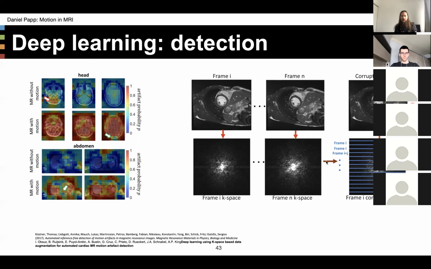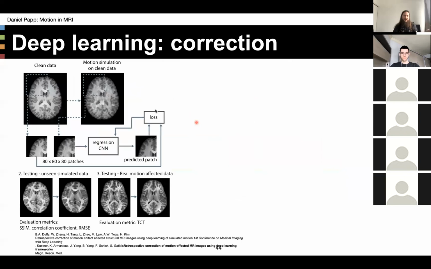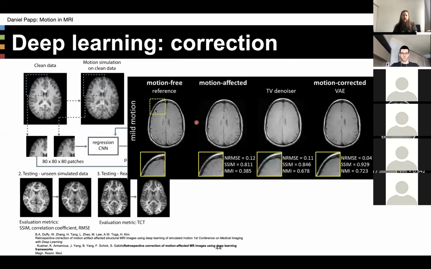And this is showing you how they generated the motion corrupted data. It's a fairly cool idea: you take one frame, one line, and you put it somewhere else. It's going to be motion corrupted if you talk about cardiac imaging. It has been used to correct for motion as well.